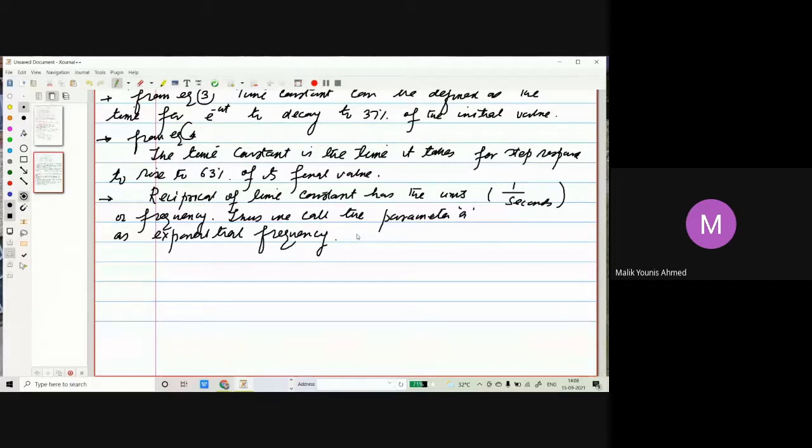Now next, the time constant can also be evaluated from the pole plot.